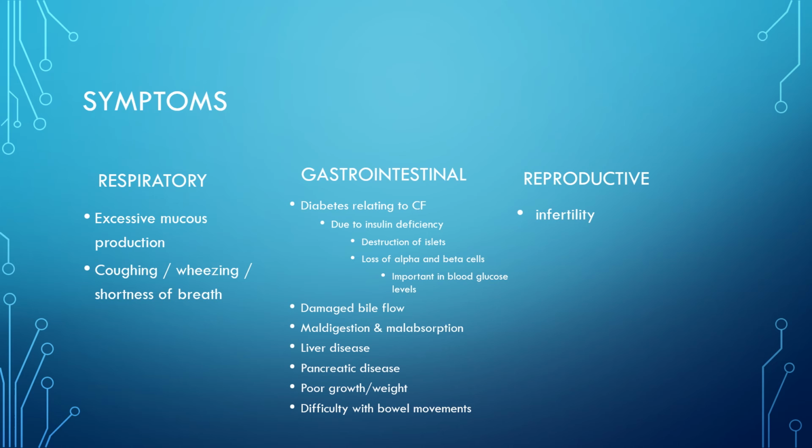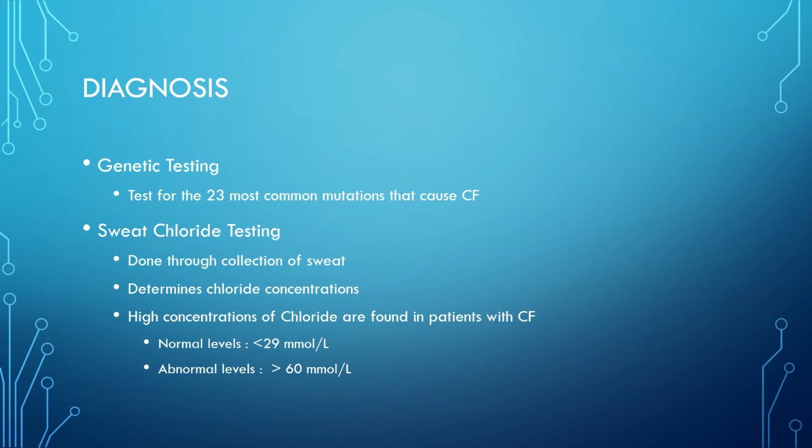There are also some patients who have congenital bilateral absence of the vas deferens due to a mutated CFTR gene and yet do not present with cystic fibrosis. In females, there is also a chance of congenital absence of the uterus and vagina, therefore causing them to also be infertile.